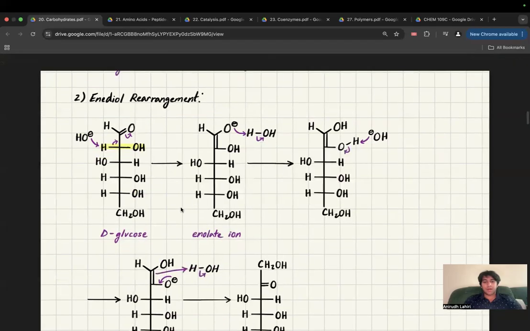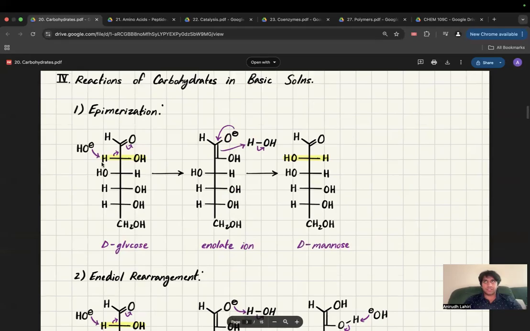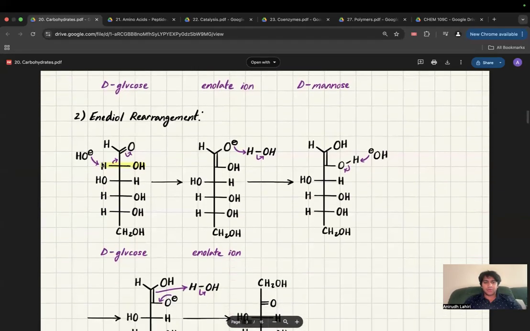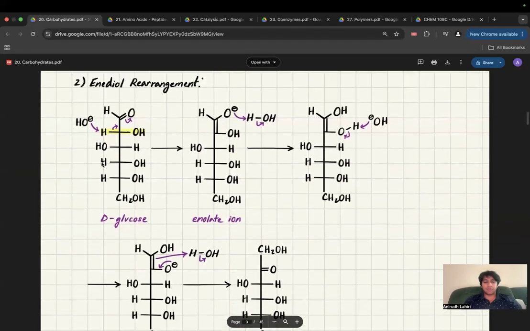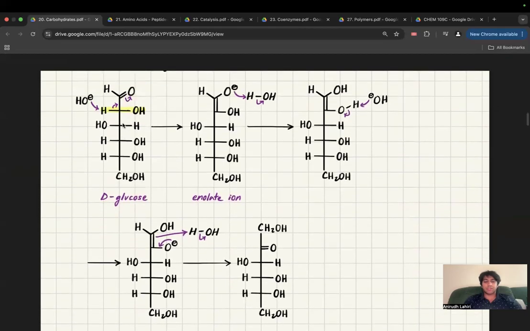Okay, diol rearrangement. You saw that epimerization was just to switch an H and an OH, effectively. Diol rearrangements move a carbonyl from here to here. You can also use them to move it from here to here. These reactions are completely reversible, which means we can go from an aldehyde to a ketone or a ketone to an aldehyde. It starts off approximately the same way.